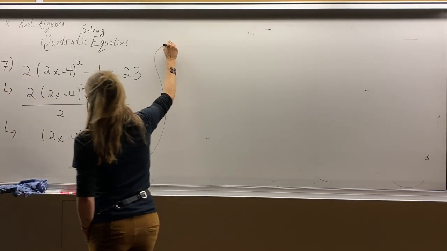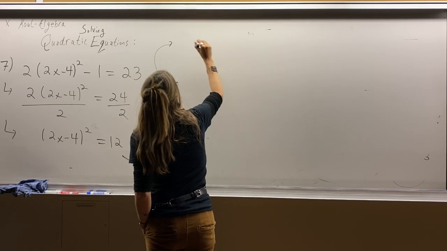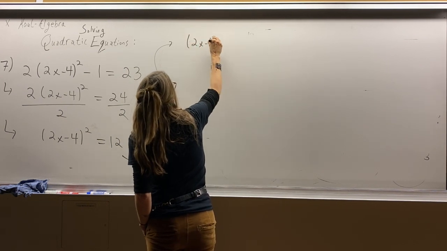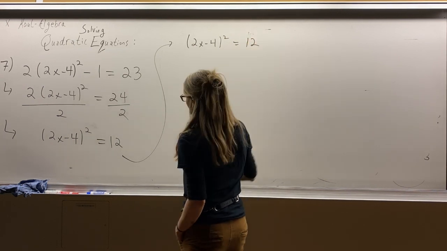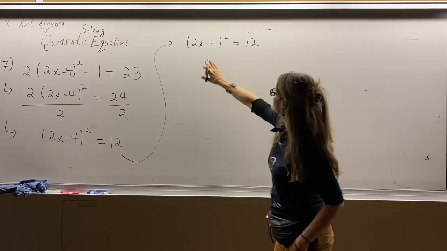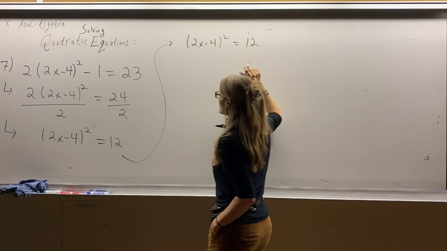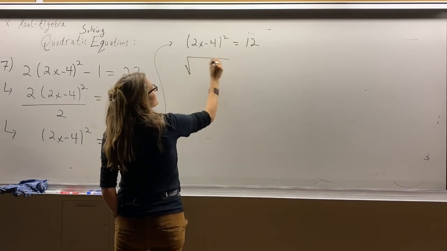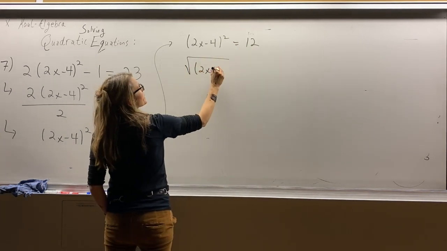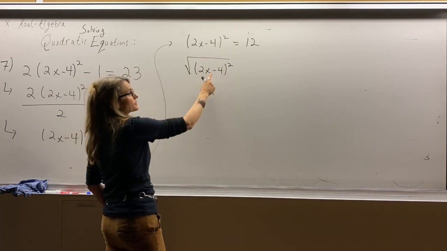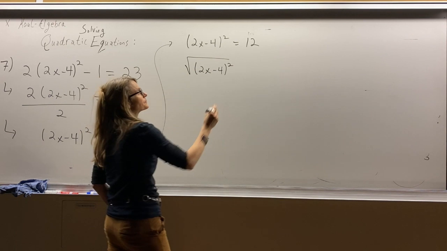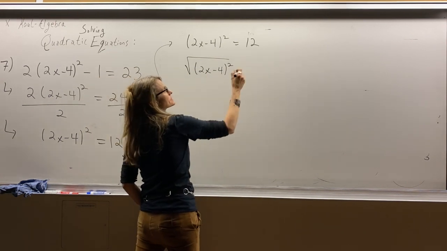Over here I have this quantity squared equals a number, where I could directly apply my square root property. So I have this quantity that I want to take the square root of and undo the square, so that I produce what's on the inside.